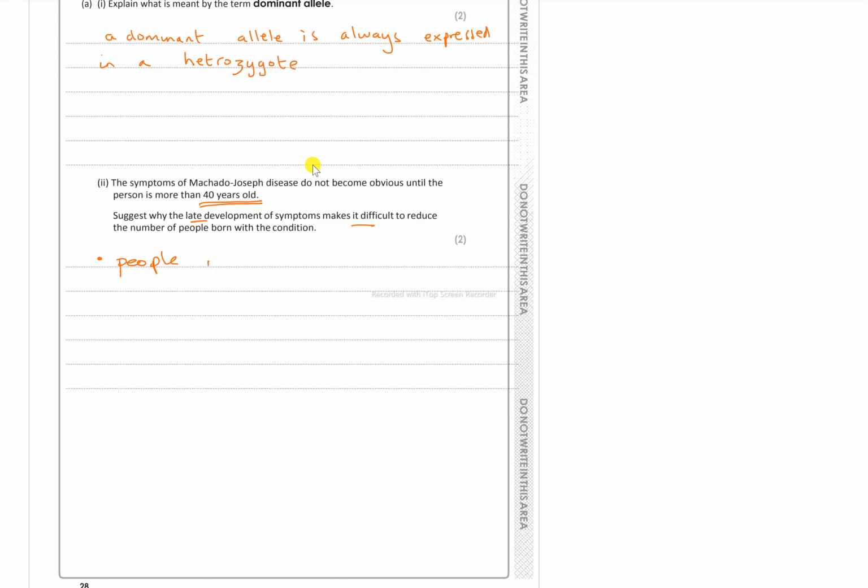So people will have already had children before symptoms appear, so they have already passed on their alleles to the offspring.